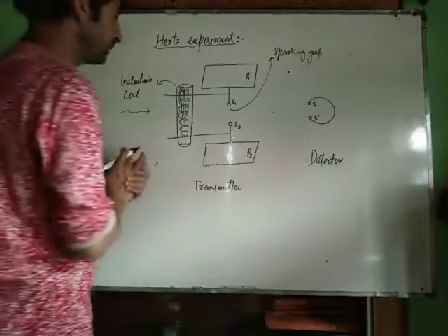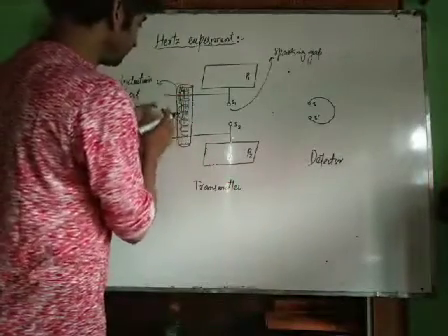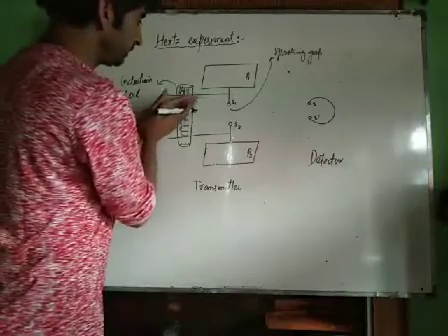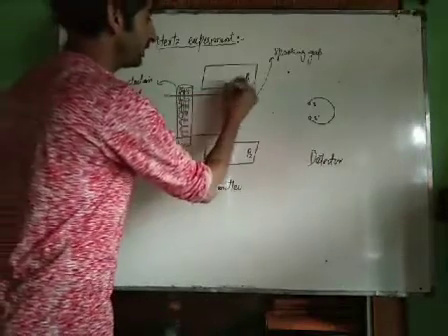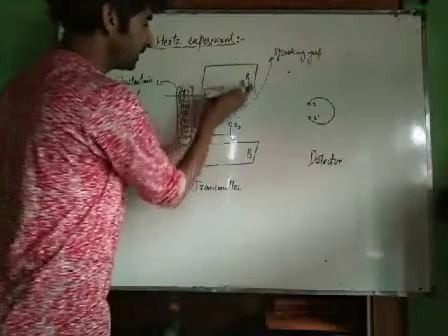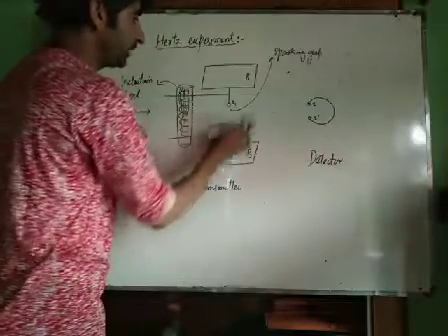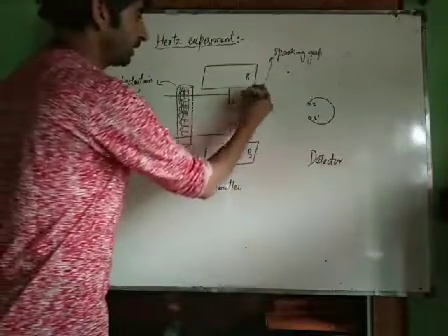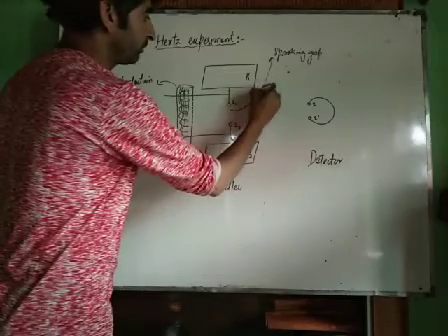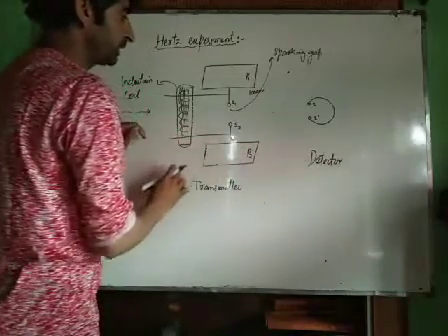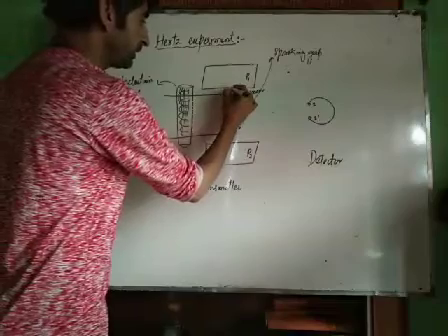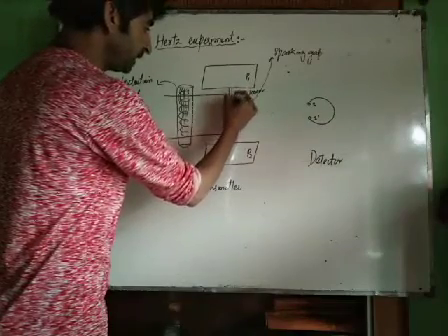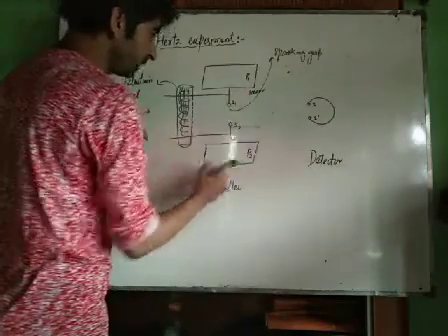Now see what happens when potential is supplied through this induction coil. A very large potential difference, about 10,000 volts, is created between these two plates. Because of that potential, these surfaces become charged.